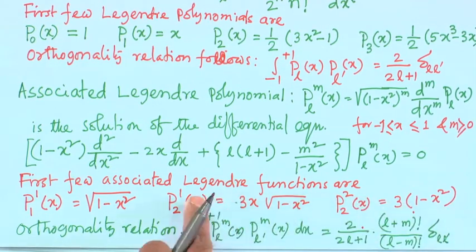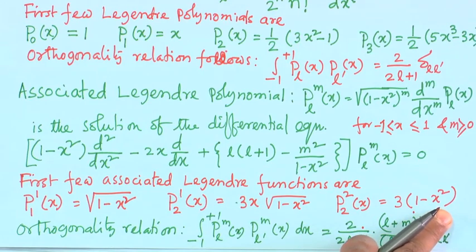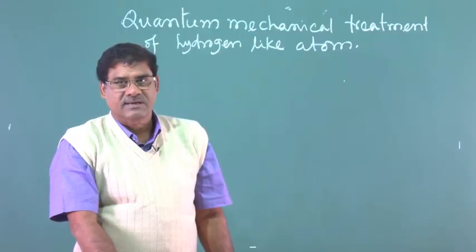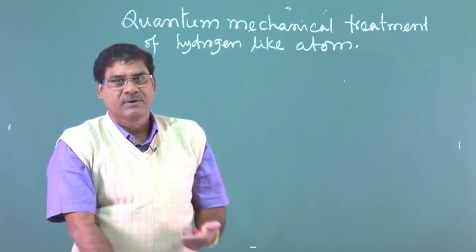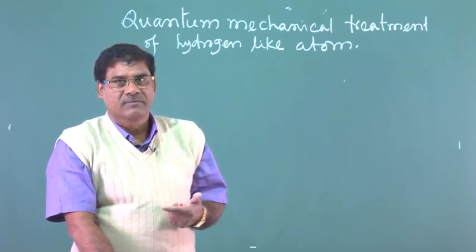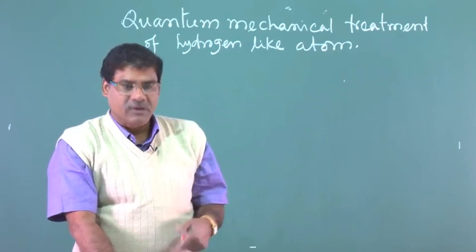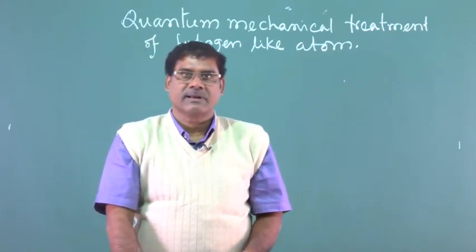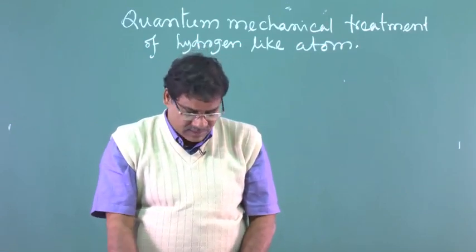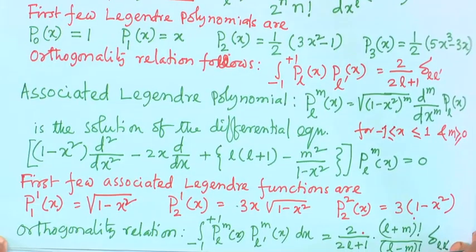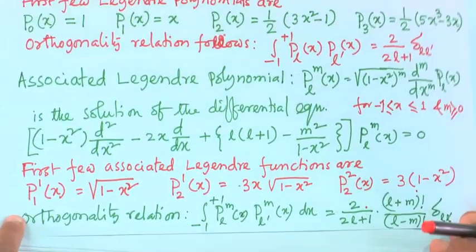These are a few associated Legendre functions for different values of L and M L. This Legendre polynomial also satisfies the orthogonality relation.